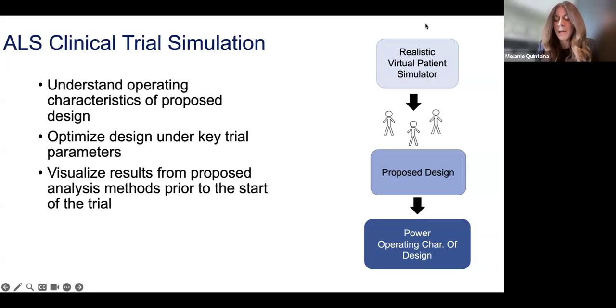Then we can run it through our proposed design and analysis method, and visualize what the results might look like. We can do this thousands of times to understand the proportion of trials that go on to be successful under different assumptions, how long on average the trials tend to run, and other operating characteristics of interest.